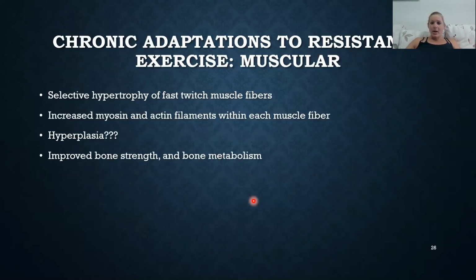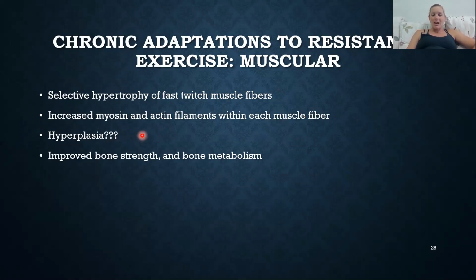Okay. Other modifications that we see: I'm going to see selective hypertrophy of those fast twitch muscle fibers. People that do regular resistance training will see an increase in size of their fast twitch fibers, while their slow twitch fibers will remain the same. We'll see an increase in myosin and actin filaments within each individual muscle fiber, which means that I'm able to increase force production within each individual cell.